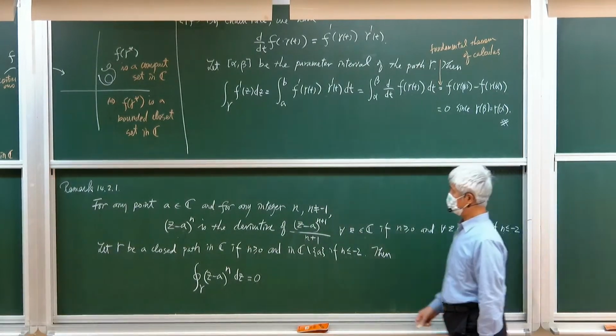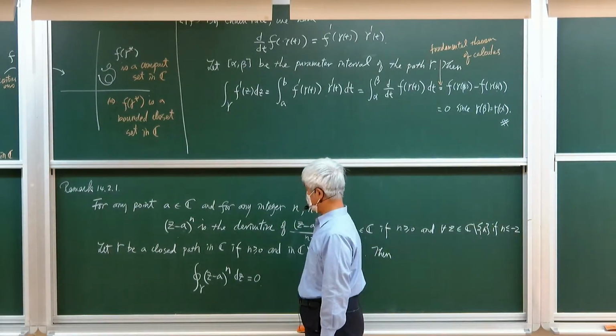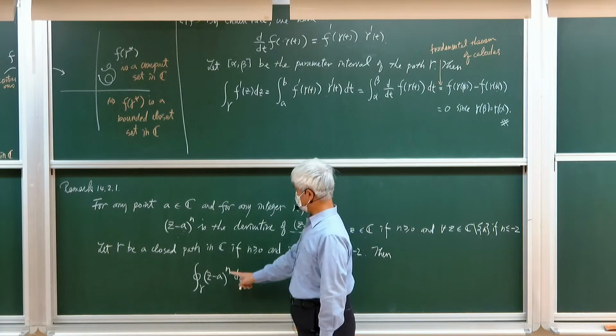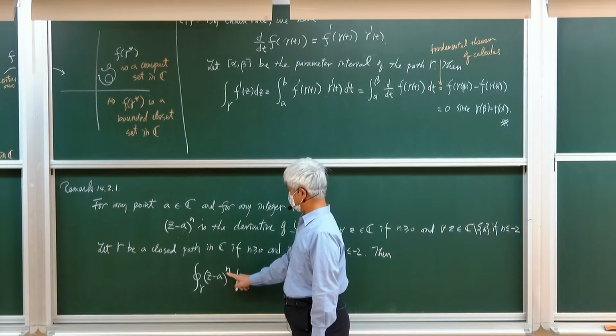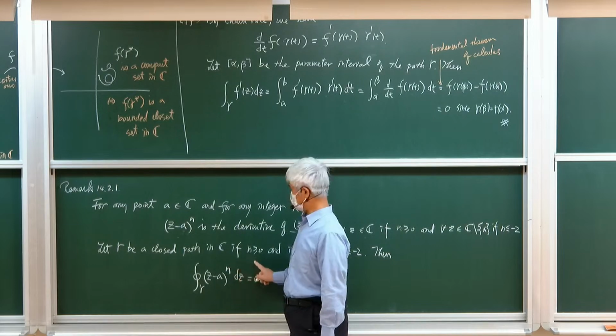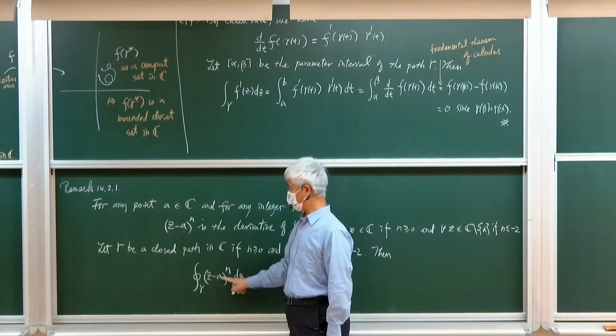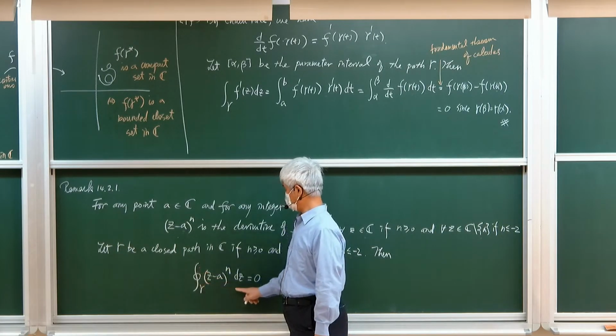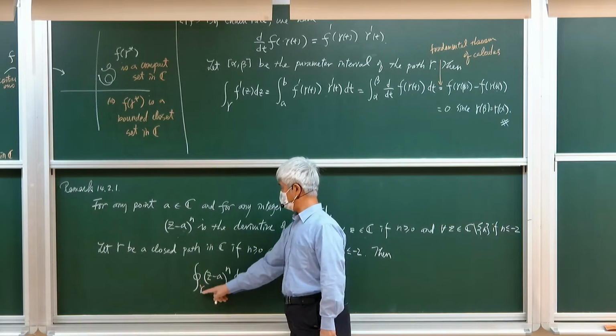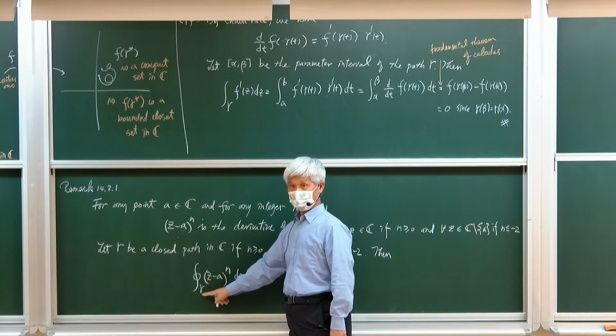So this is a very interesting result, right? It depends on n. If n is greater than or equal to 0, then this line integral is zero over any closed path in the complex plane.